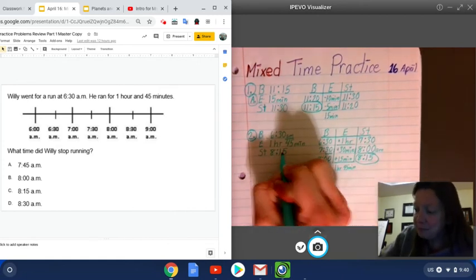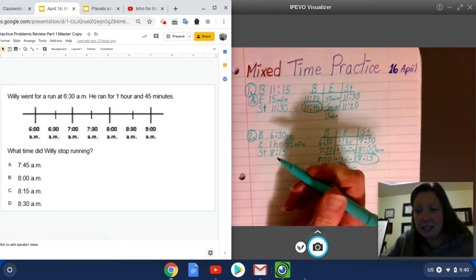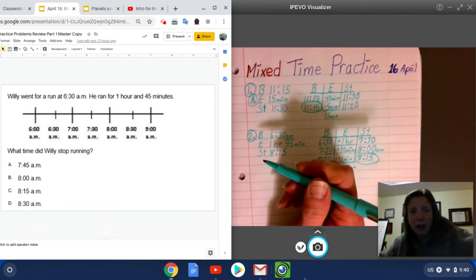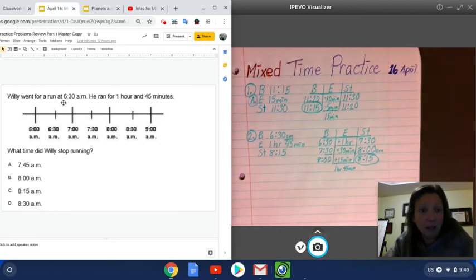So right there, I know my answer is C. It's not even asking for a letter up on the number line. That number line can be distracting, especially when they break it up, and 8:15 would actually go about right here.